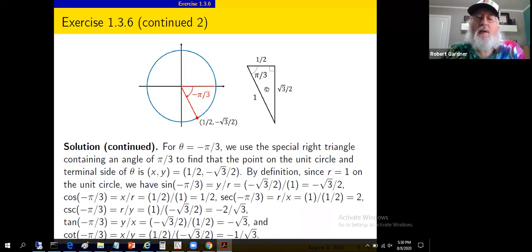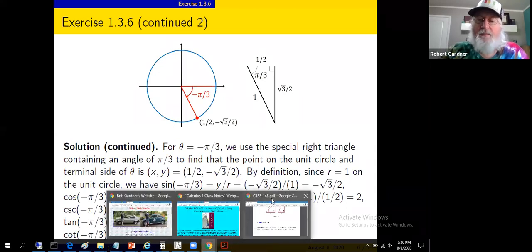And let's see, if we had pi thirds here, and a hypotenuse of 1, then we would have an opposite side of square root of 3 over 2 and adjacent side of 1/2. I know I'm doing these fast, but this is review stuff. Take that triangle that we saw in the notes. Oh, let's go peek at it again.